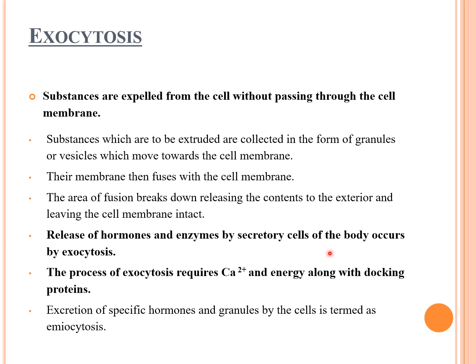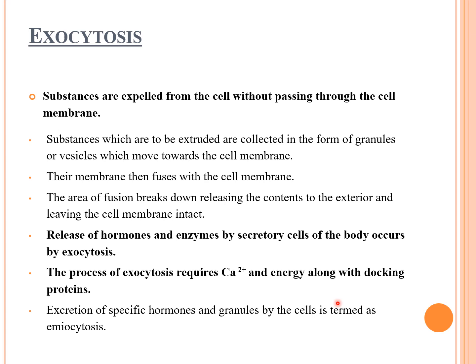The secretory vesicle will come and fuse with the cell membrane with the help of some proteins which are called docking proteins. This we will study when we study the neuromuscular junction. There are proteins called V snare protein and T snare protein. There is a protein present in the membrane of the secretory vesicle, synaptobrevin, a snare protein, a docking protein which links with the docking protein present in the axonal membrane.